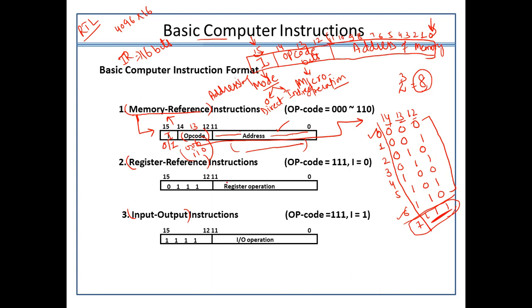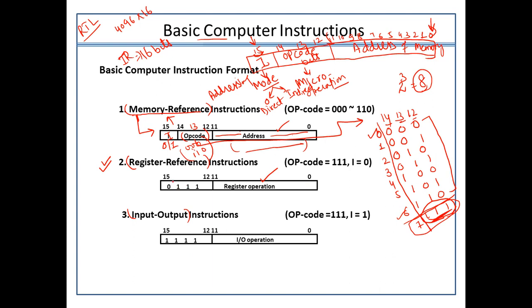So how will my system determine that an instruction is a register reference? Again, what are we left with? We are left with only 111. Any combination of the 12 bits will be present here.